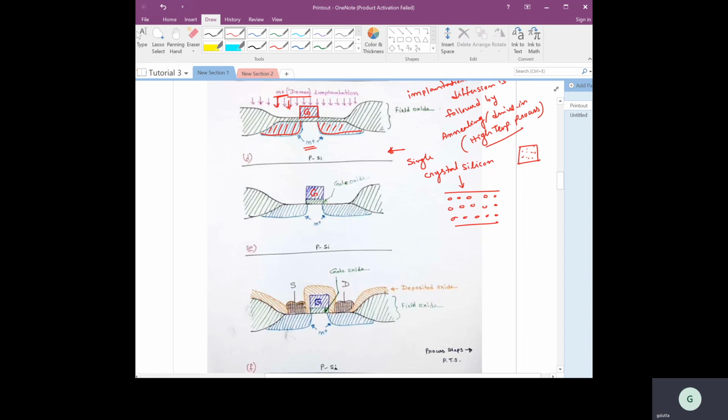So as a result, we first deposit an oxide. It may be any other oxide as well, right? It is not grown, it is basically deposited. So you deposit an oxide like this in the entire region, then open these regions for making the contact for source and drain, and then deposit some metal and pattern it accordingly, which forms the source and drain.